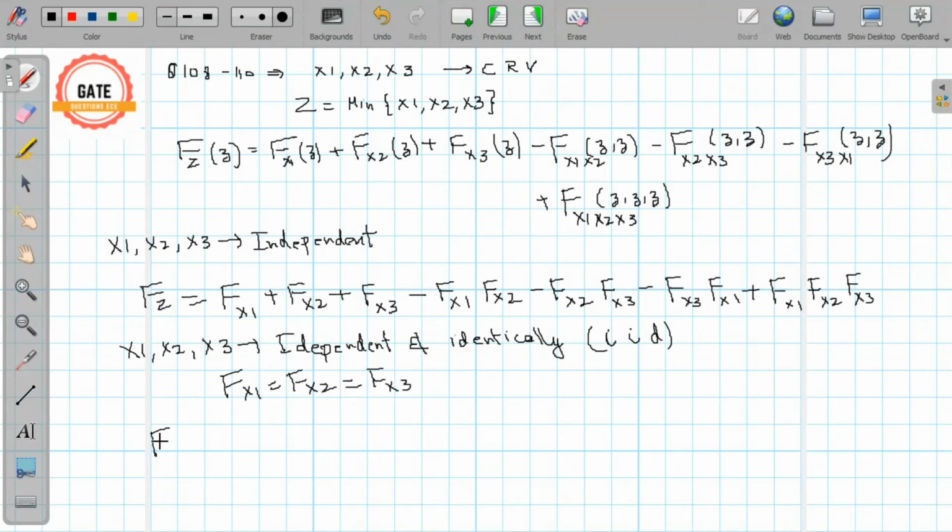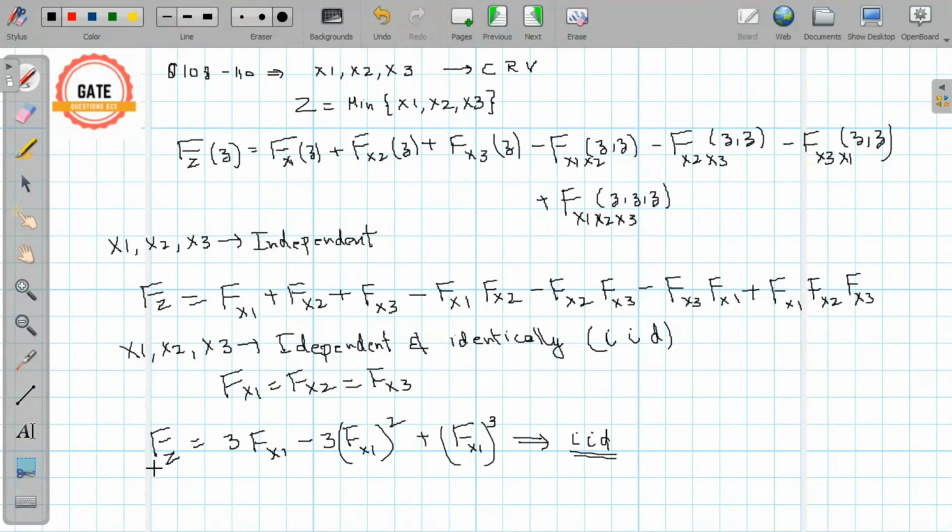So we can easily write that the CDF of z in this case will be 3 times F x1, where in place of x2 and x3 I am writing F x1, minus 3 times F x1 square, plus F x1 cube. So this is the result for independent and identically distributed random variables x1, x2, x3.